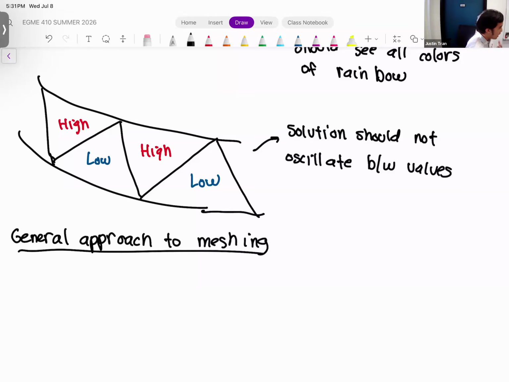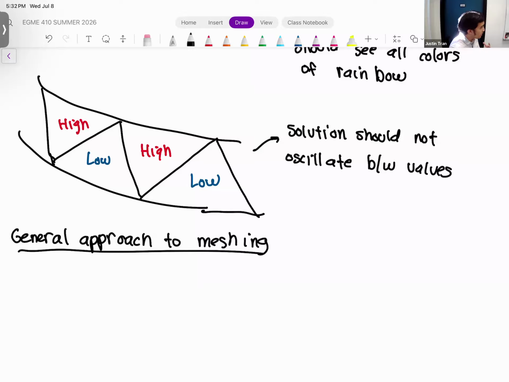Usually, by the time we discuss all these things, some of you were even asking this question after activity 1 and activity 2: how do we know that the settings we chose, the size and the order and all that, are going to be adequate for a good solution? Well, in reality, you don't. It's very difficult, even for someone with a lot of experience, to look at a boundary value problem and tell you from the get-go what your mesh element size should be.